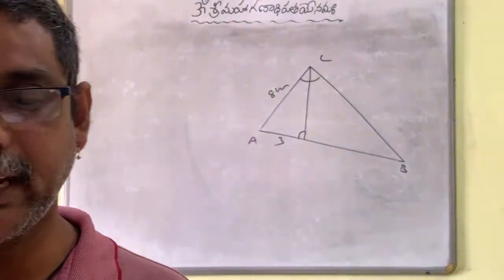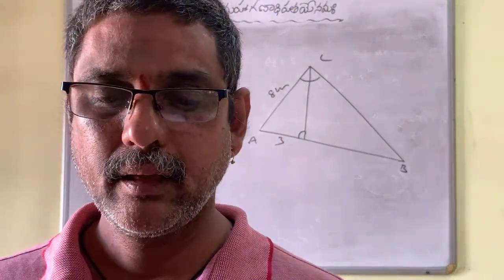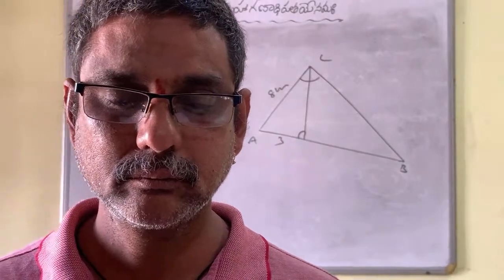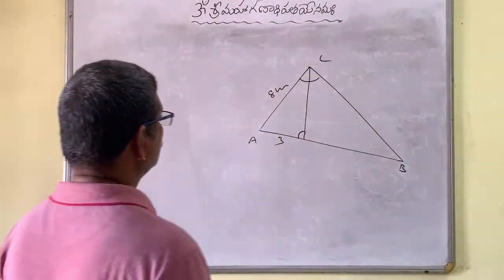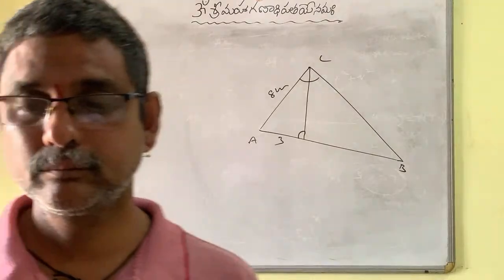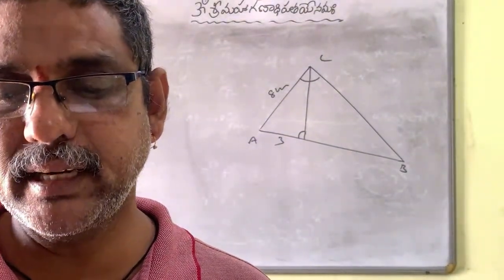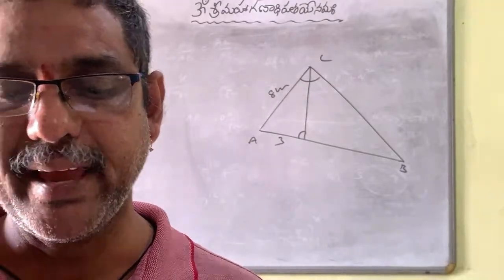In the given figure, angle ACB is equal to angle CDA. AC is 8, AD is 3 centimeters. Asked to find BD.